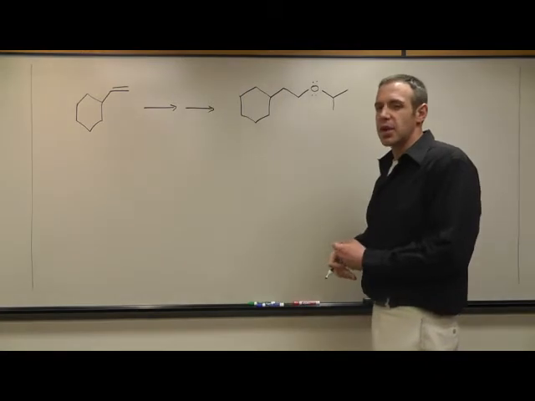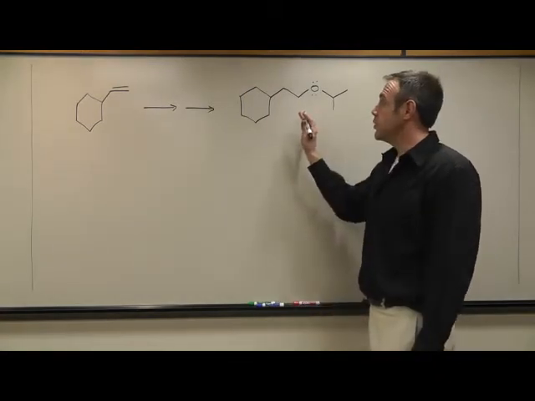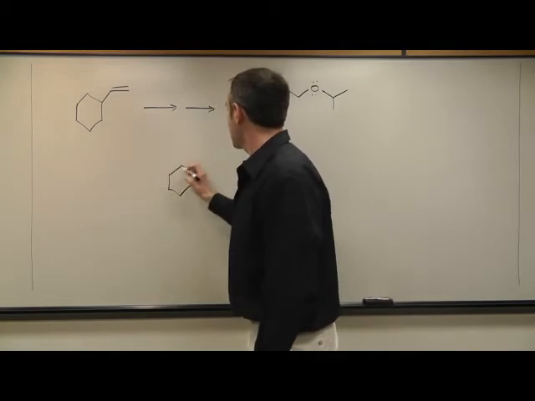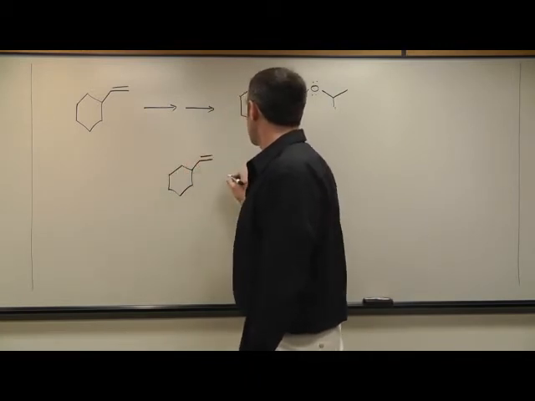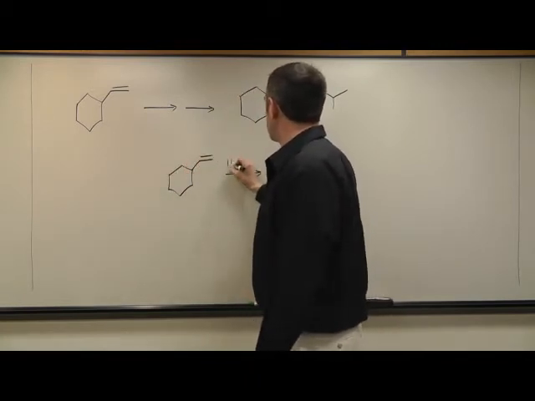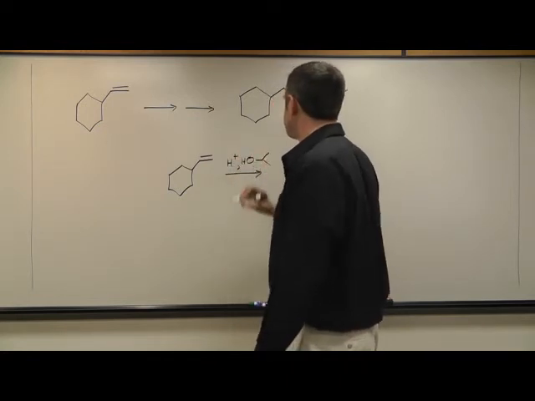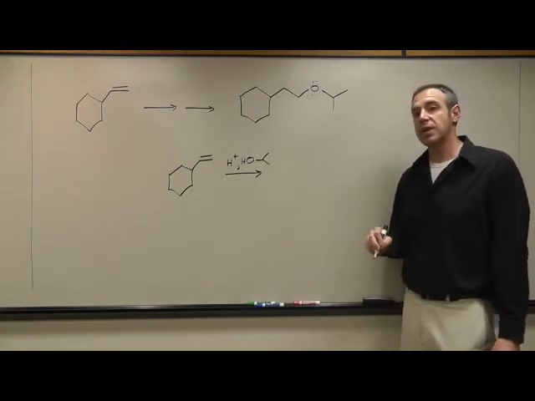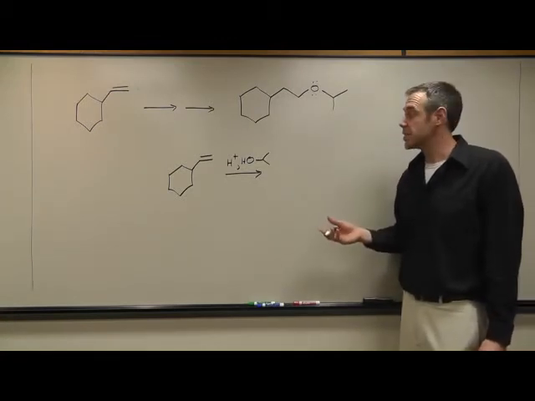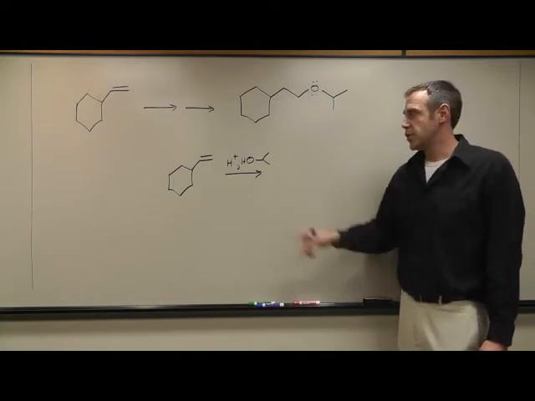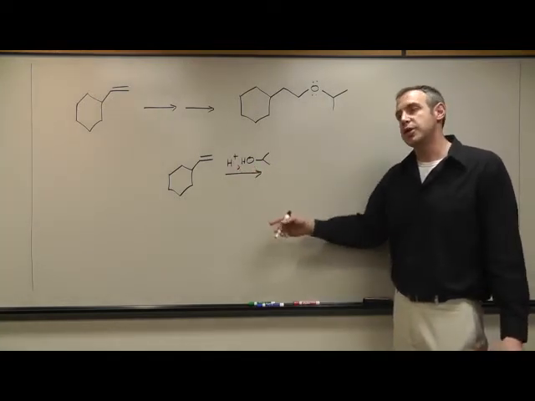And so if we try and think of a reaction that might do this transformation, we can think about using an acid catalyst and then an alcohol. So this will follow the same mechanism that just H+ and water would use.